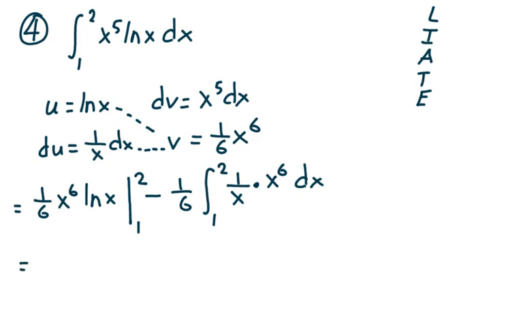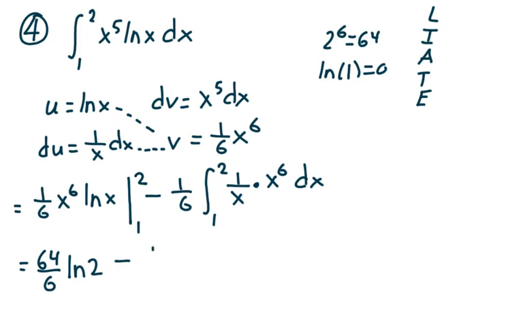If I pop that 2 in, remember, 2 to the 6th is 64. So I get 64 over 6 natural log of 2. And remember, natural log of 1 is 0, so I don't have to worry about that lower limit. And so I'm going to go minus 1/6, the integral from 1 to 2, of x to the 5th dx.